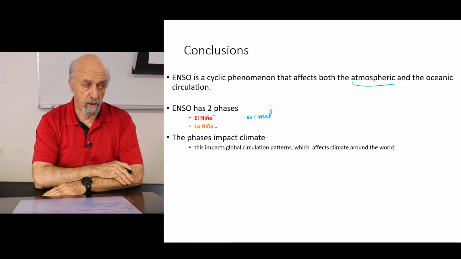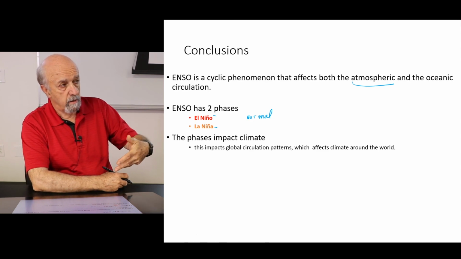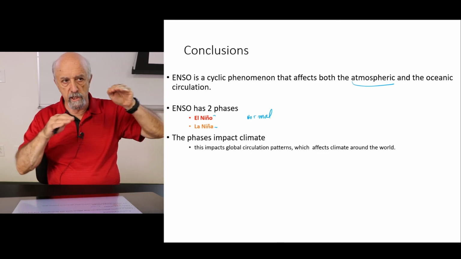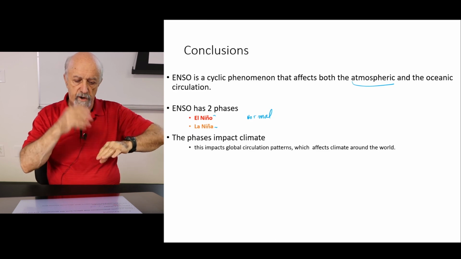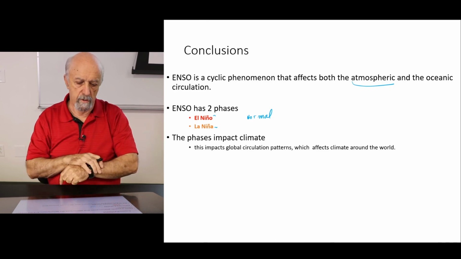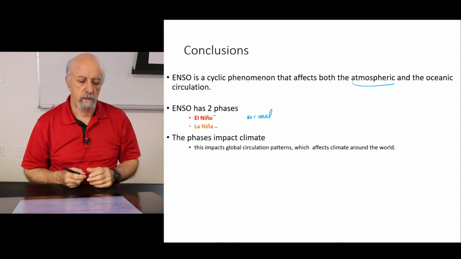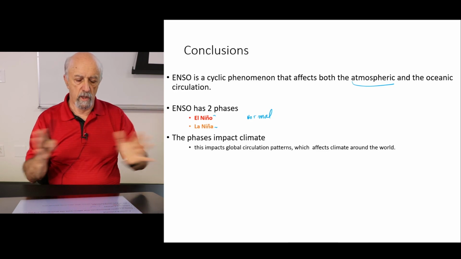It may happen in one event of El Niño, and then normal, and then El Niño again. It doesn't really have to be an oscillation between Niño and Niña at all. It happens when the conditions are right for one or for the other. So don't get confused with that. It's not really a cyclic thing. We can have several consecutive El Niño or La Niña without having the other.